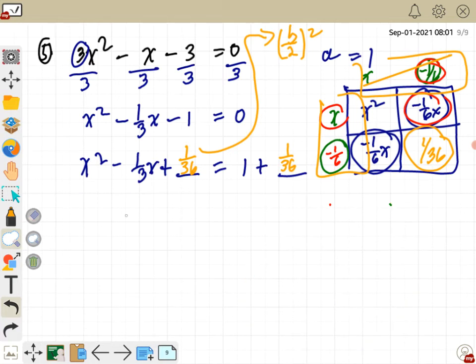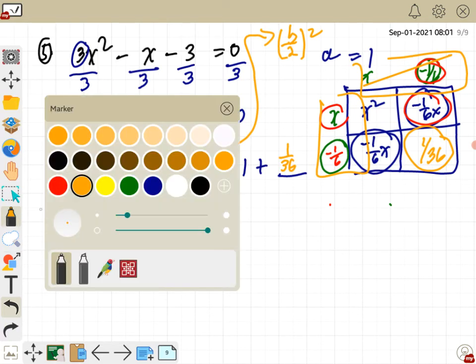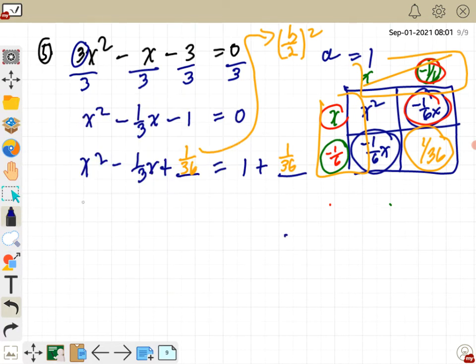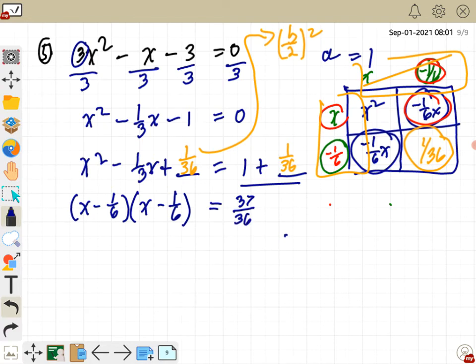So we have now x minus 1/6 times x minus 1/6. This one is simply 37 over 36. So making it a square.